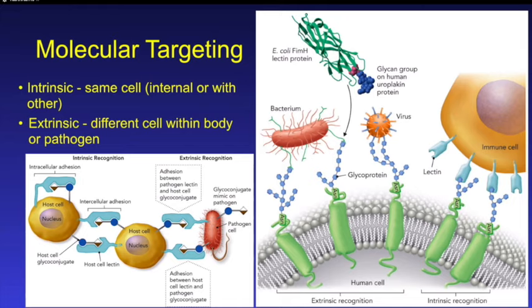We have the ability to present a sugar on the outside, and then the same cell with the same sugar that is being presented on the outside can then internally bond between themselves, and that is called an intrinsic bonding.